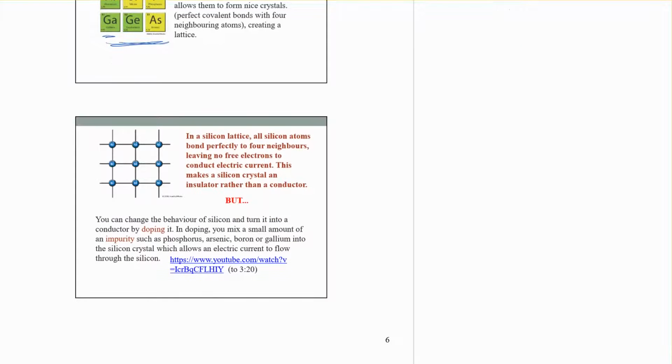Think about silicon, Si. Remember we talked about shells in chemistry? In silicon's outside shell, it has 4 electrons. Remember that in order for something to be happy, it wants to have 8 in its outside shell.